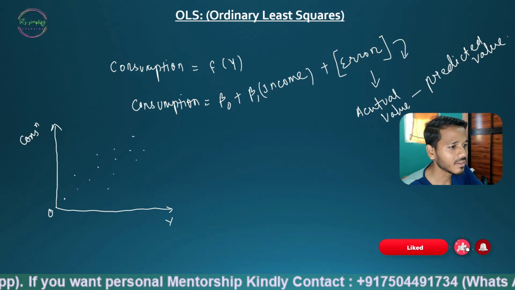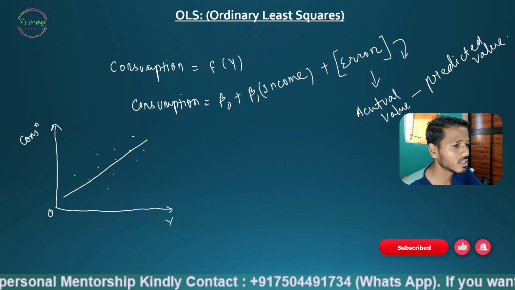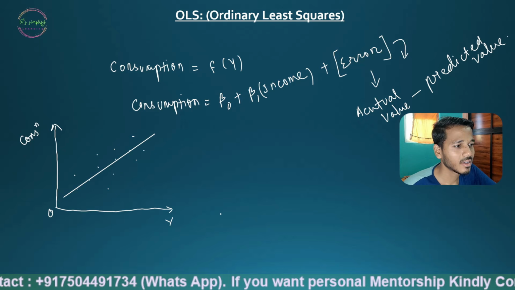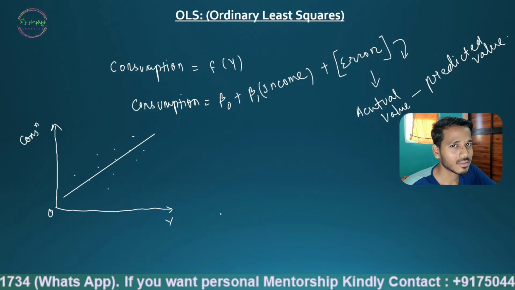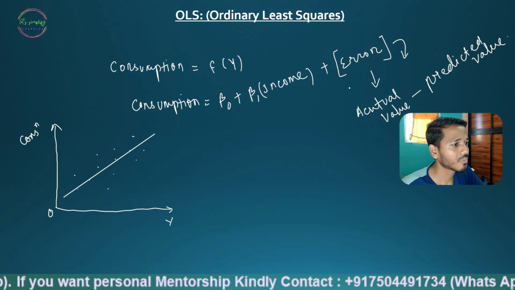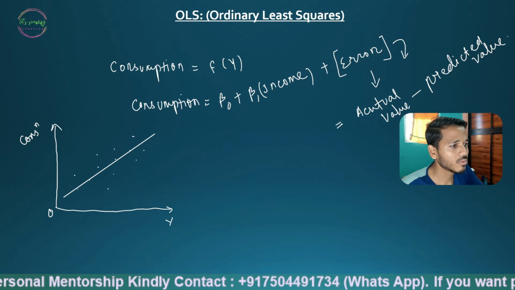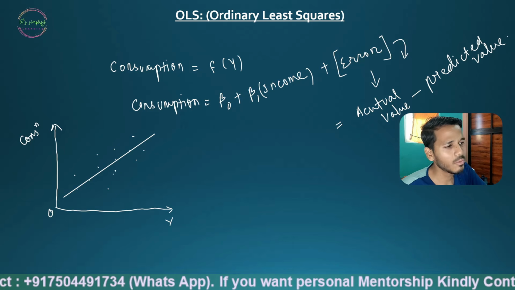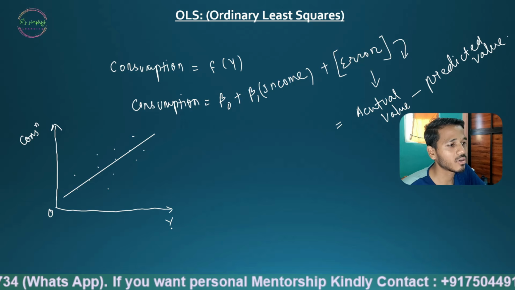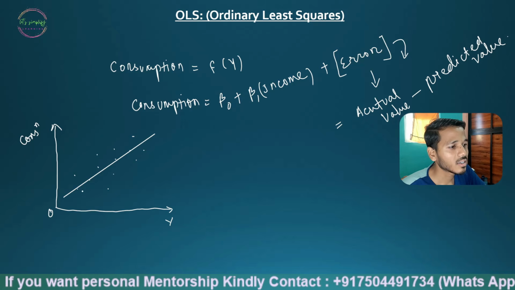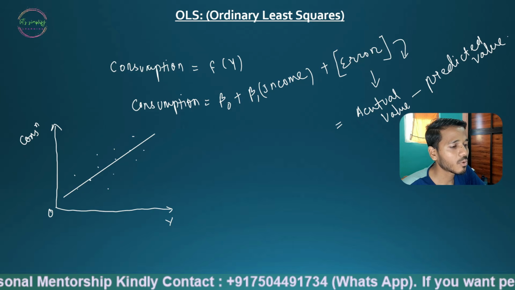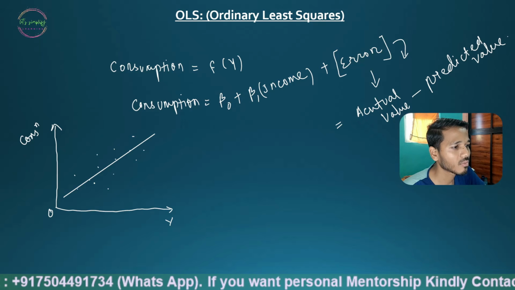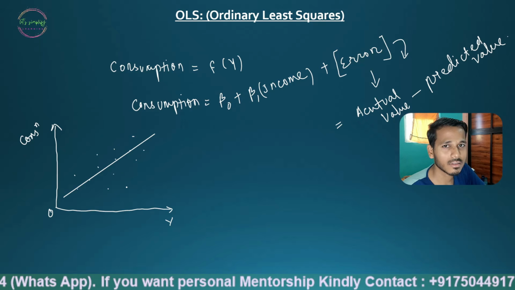If this line minimizes all the errors, and error is equal to actual value minus predicted value. This is my predicted value, and the dotted points are the actual values. There are 2 points which lie on the line. That means there is no error for those two values, but for other values there are errors.